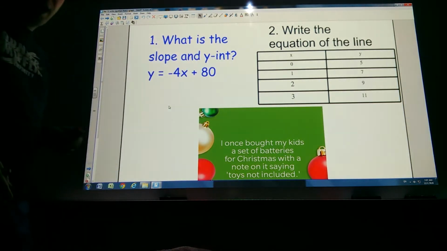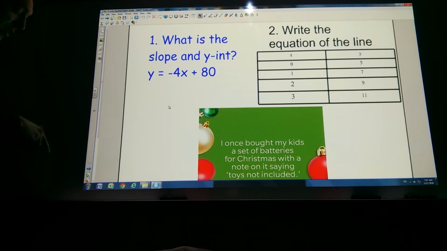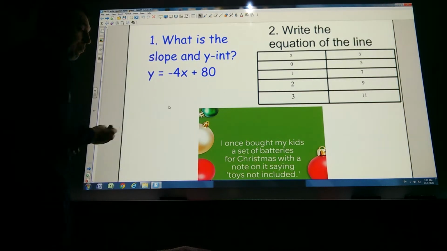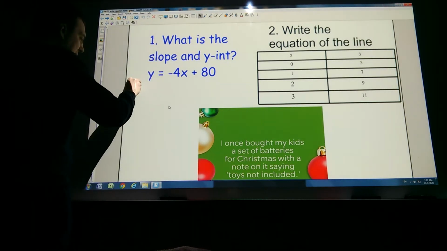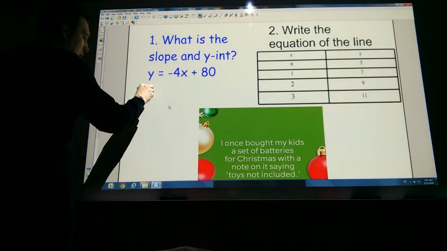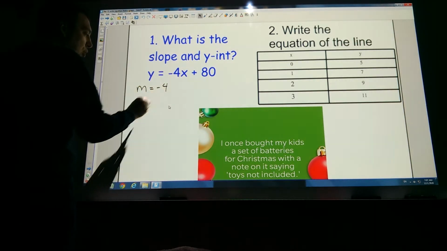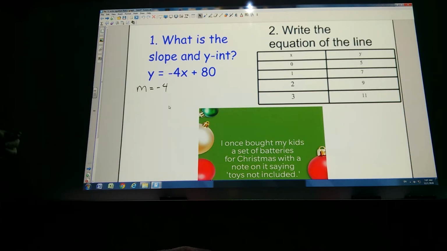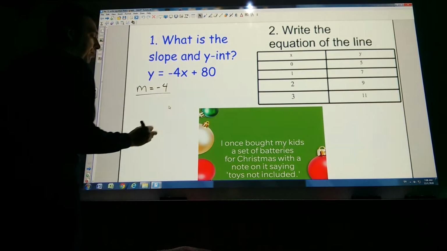The slope, which the letter we use is m, so m is -4. It goes down 4 degrees every time. You lose $4 every day. That is the slope.